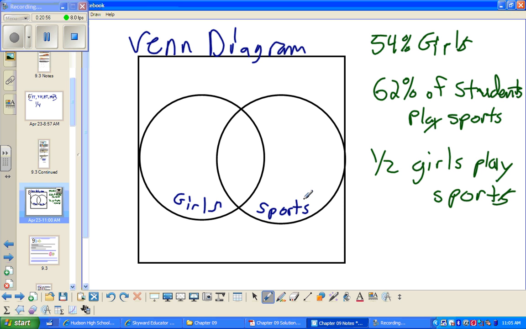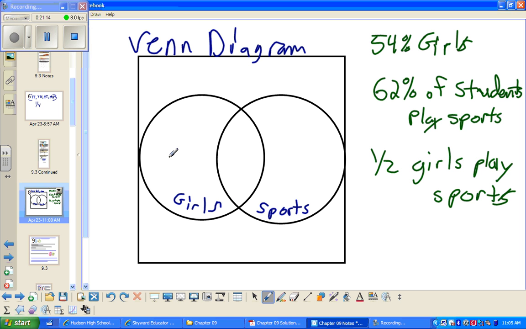And what we know is that 54% of the students are girls. So that total girls circle is 54% of the student body. We know half of the girls play sports.